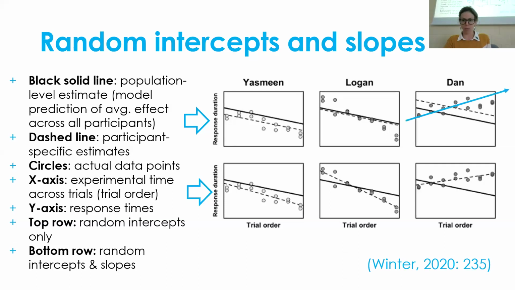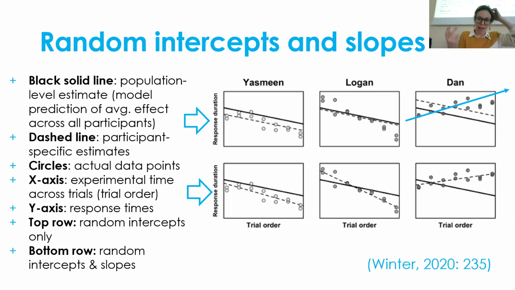It would be something like that. So what this means is that Dan, unlike Yasmin and Logan, is actually getting slower, perhaps due to fatigue. He didn't sleep last night, he came in and did your experiment and he's about to fall asleep, so he's getting slower, okay?